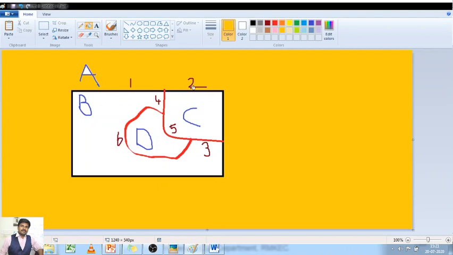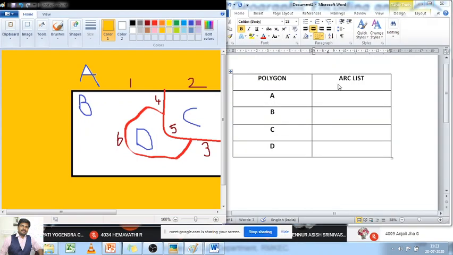So 1 and 2 are touching this A part completely, correct? So these are the arcs touching A. Under the arc list, the values will be 1 comma 2, that's all.